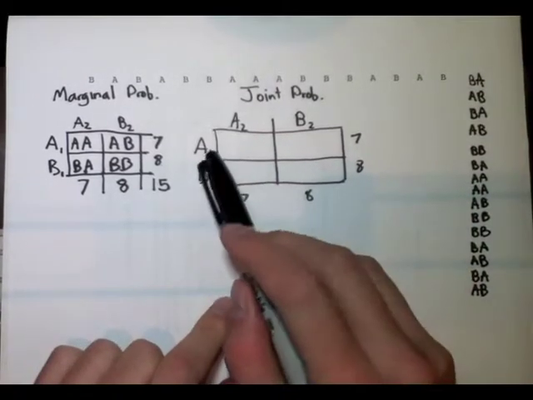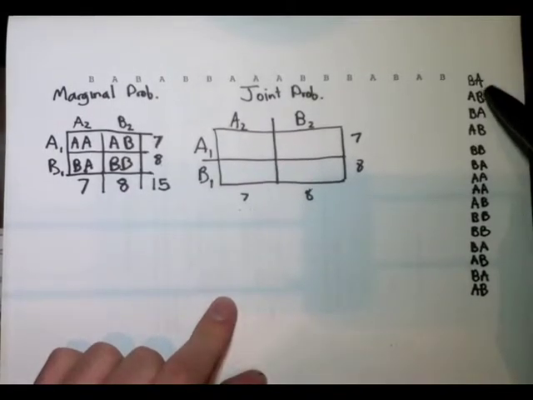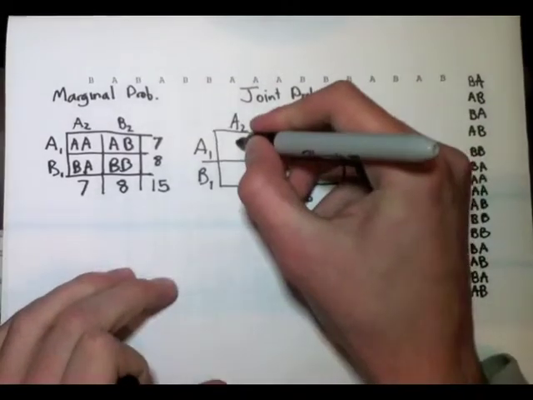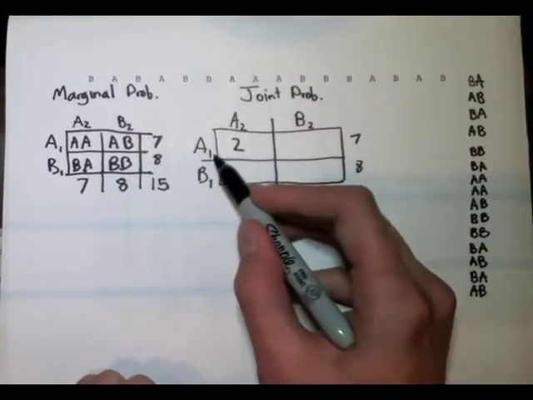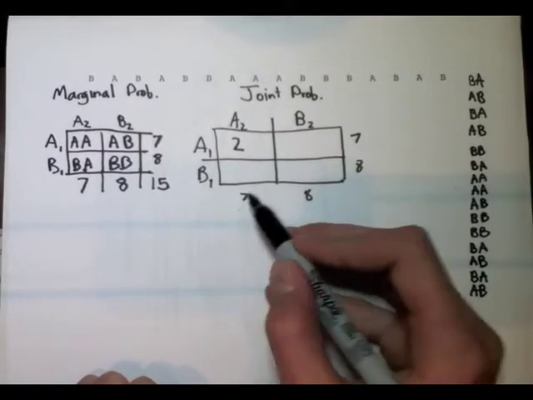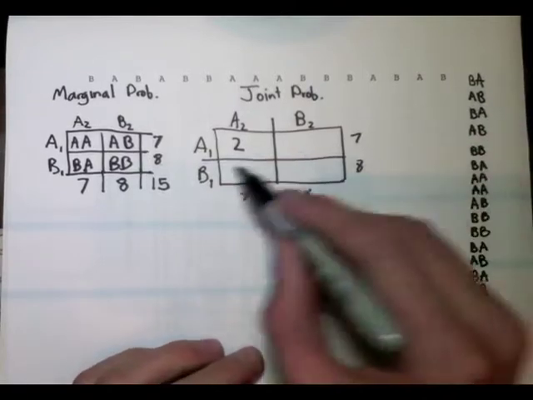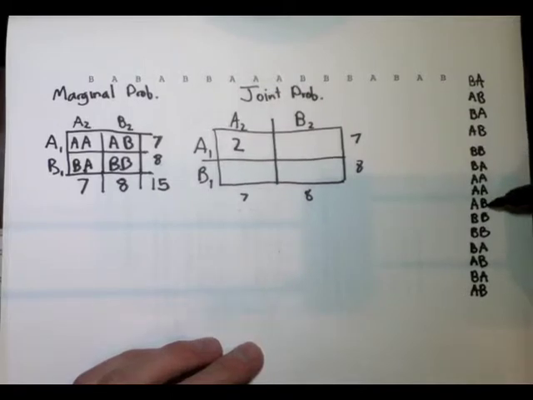So this first cell, the AA, so how many AAs are there? There's 1, 2. 2 occurrences of AA, where both the first character is an A and the second character is an A. Okay, and then this one here is going to be AB. There's an AB, 2 ABs, 3, 4, 5.